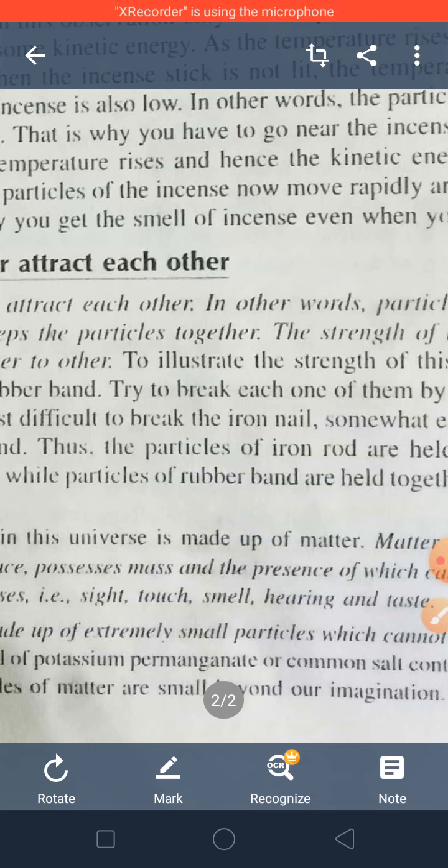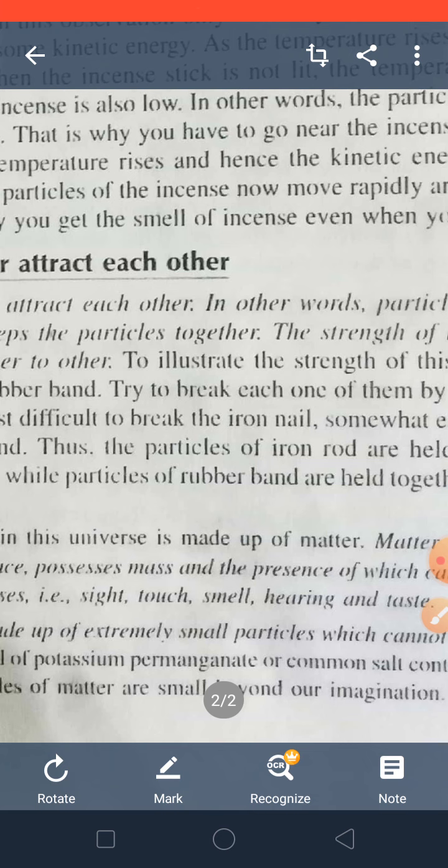And anything that comes in our senses, like sight, touch, smell, hearing, and taste, is matter. There is another important thing, energy, which also comes in our senses, but that is not the matter part of the universe. That is called the energy part, because it neither occupies space nor has weight.